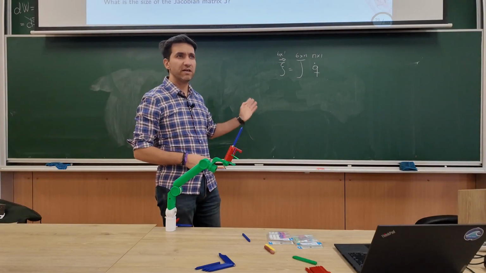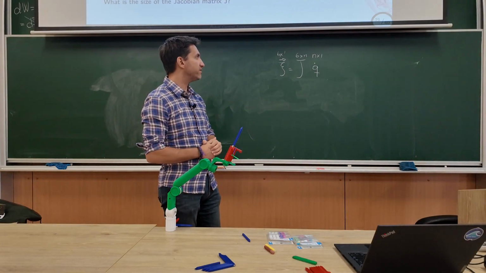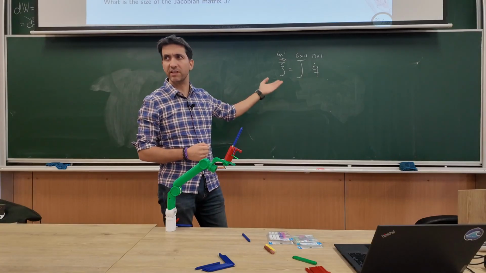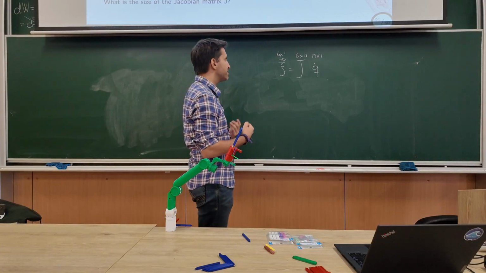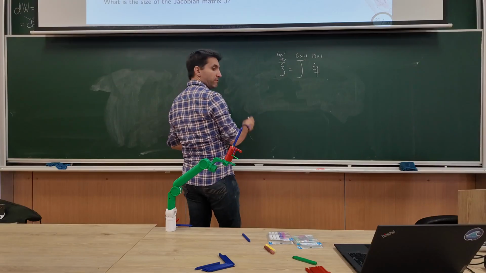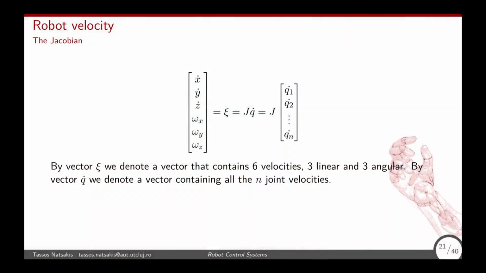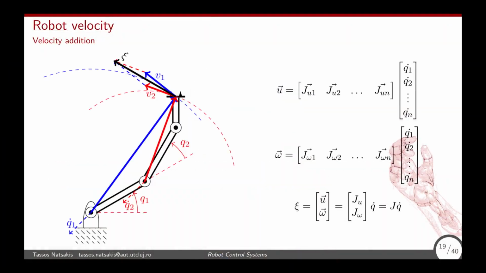Before the break, we were discussing the dimensions of the Jacobian. I said that it's 6 by n. How come it's just 6 by n? Basically, in this step, we saw that the Jacobian has two parts, one above the other.